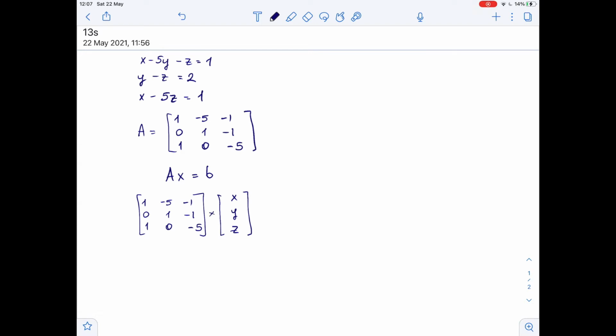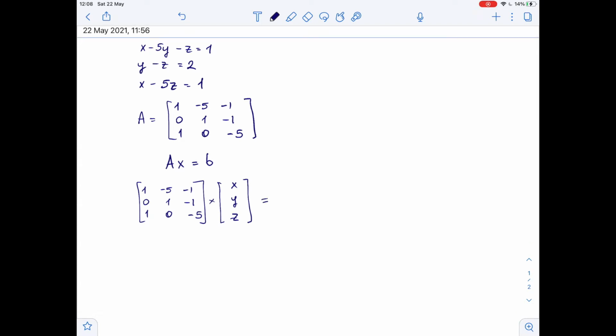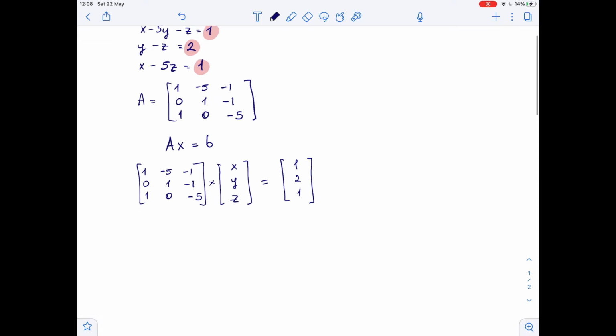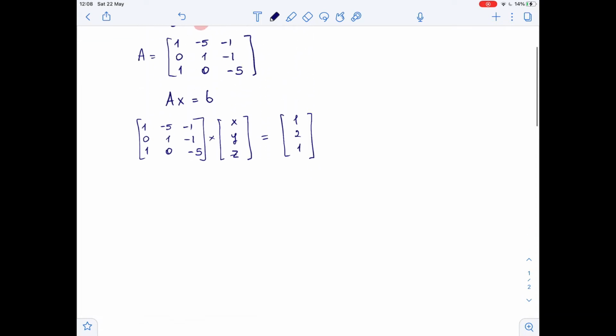This is equal to the numbers in our equations, so it's the 1, 2, 1 matrix. Great. Now let's see how to solve it.